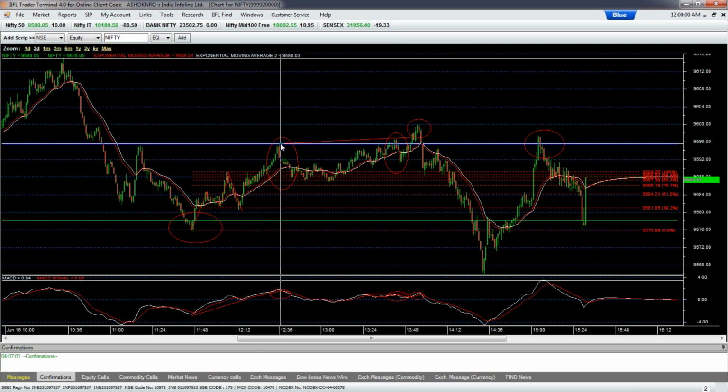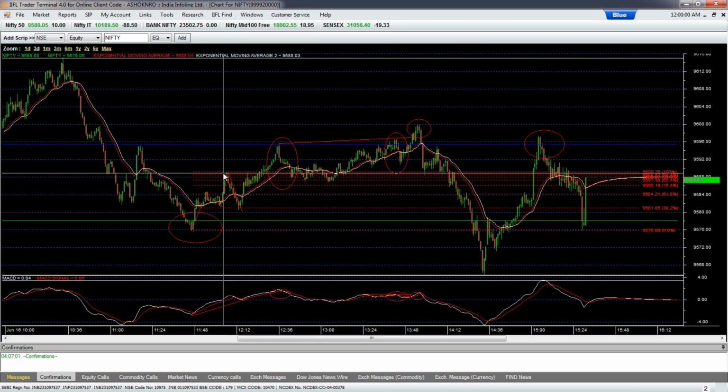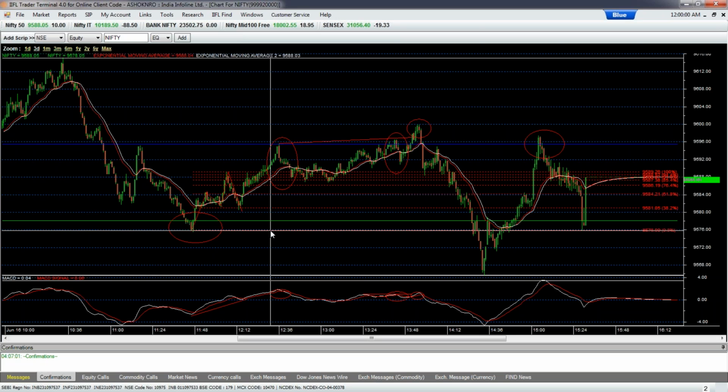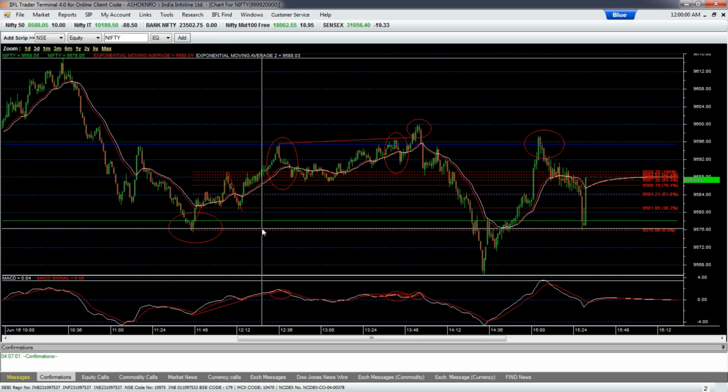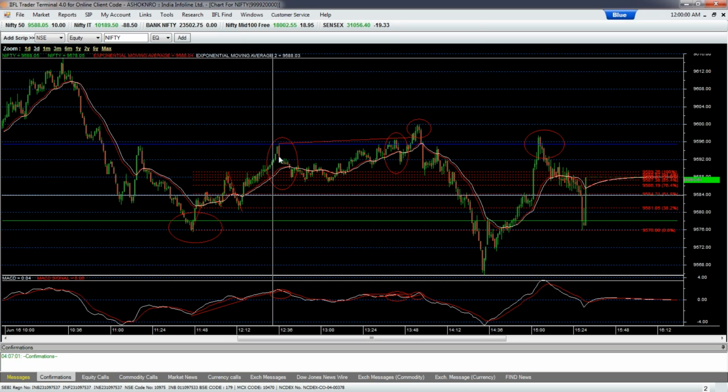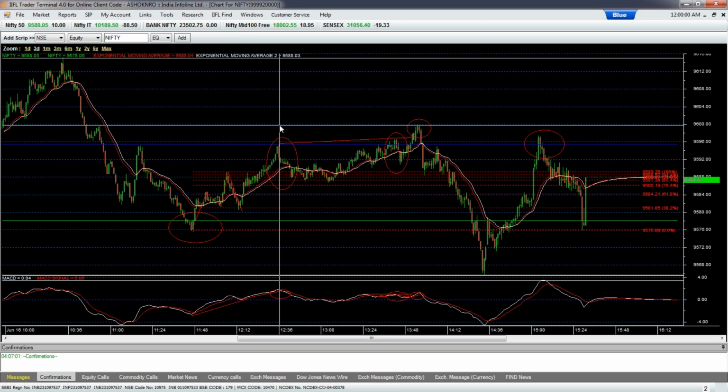Sometimes what happens is it makes a high, it will again come back to all the lows it has made, and it will lose all the points, and you have hit the 100%. Sometimes it may go 2 or 3 points lower than this support level and gain traction, and it will make a much higher move probably.